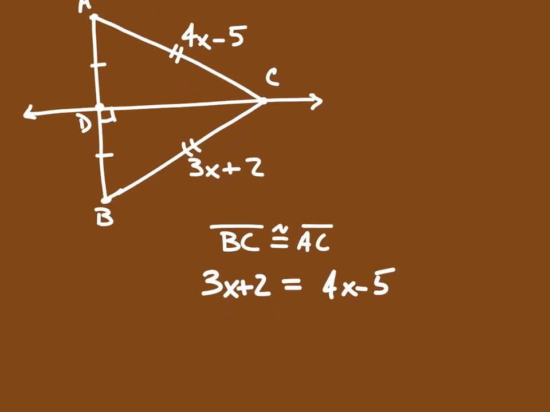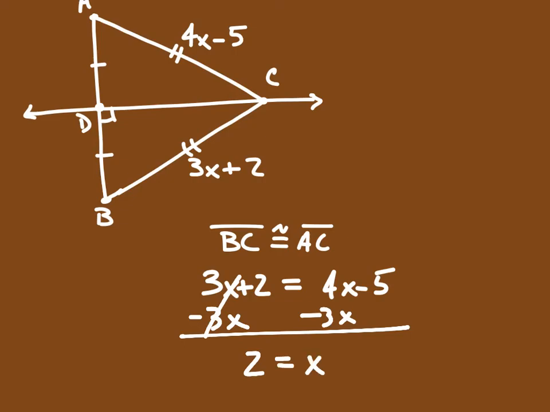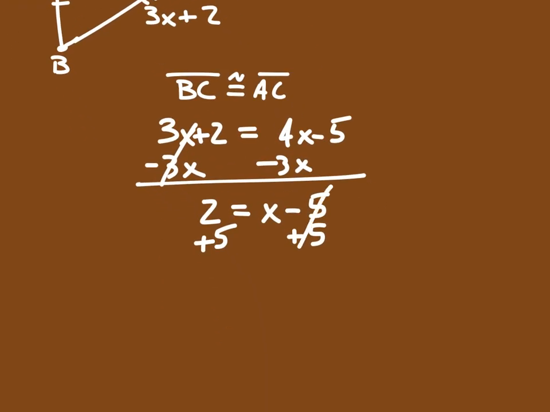If I subtract 3x from both sides, 3x cancels out. We get 2 is equal to 4x minus 3x, which is 1x, so just x, minus 5. Let's add 5 to both sides and solve for x. Then that cancels out, and we get 7 is equal to x.